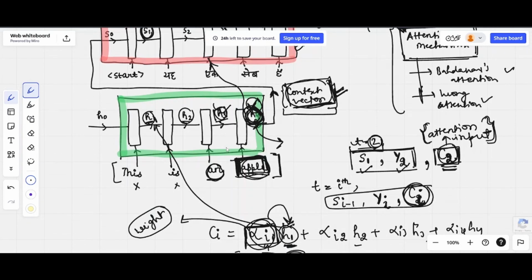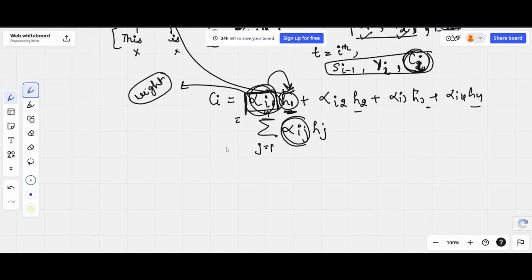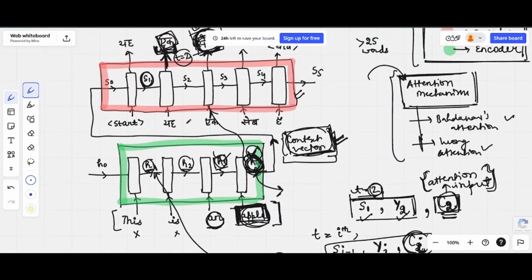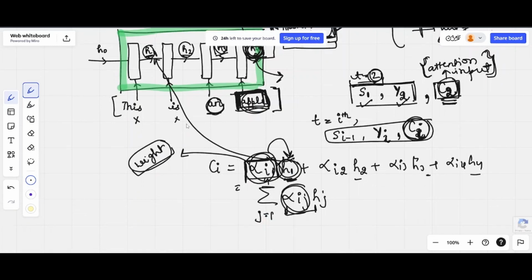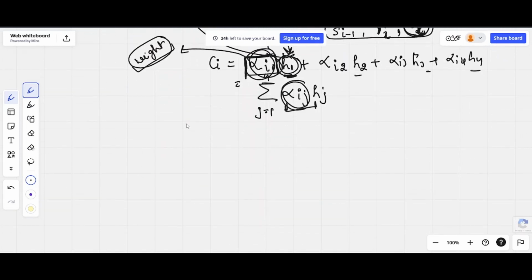So now that we have understood these alpha ij's are nothing but our weights that represent how important our hidden state is. A higher value represents that it is more important. A lesser value represents that it is not very important. And this importance tells our decoder how important that hidden state is in order to get that output, right? So I hope these alpha ij's are clear.